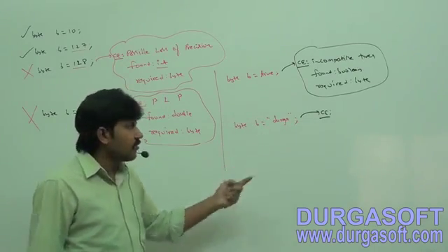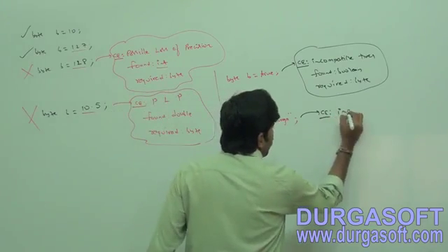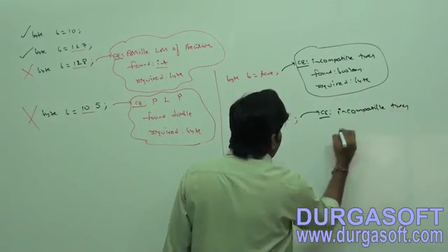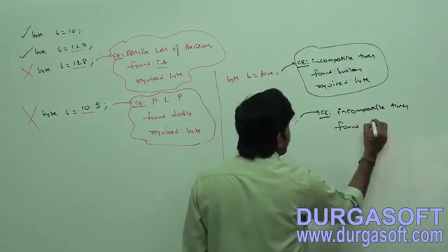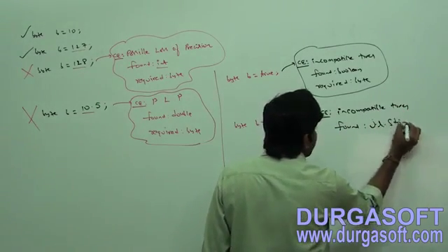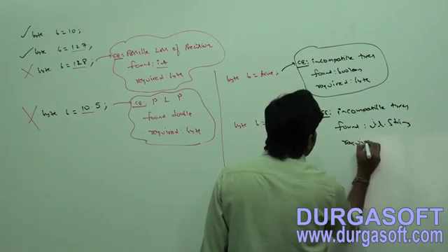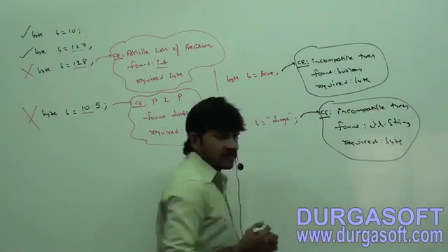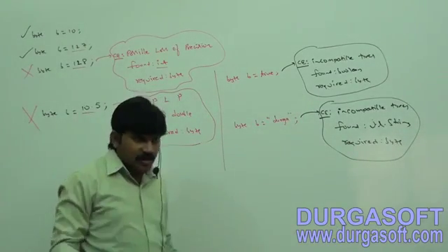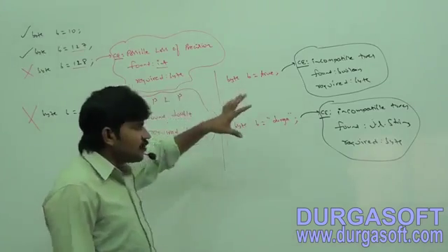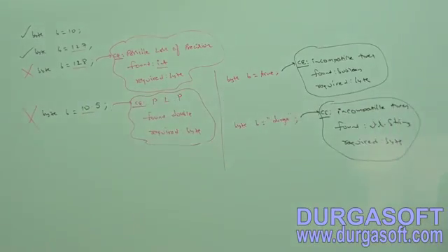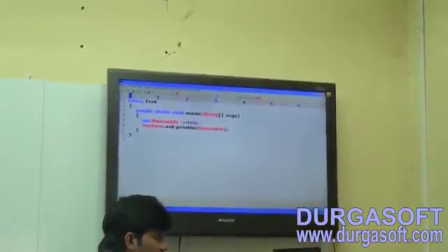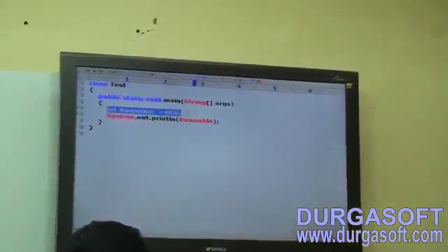There is no compatibility, that's why incompatible types: found java.lang.String, required byte. I hope you are aware clearly. Let me execute and show these things. But you should be aware when we will get incompatible types and when we will get possible loss of precision.